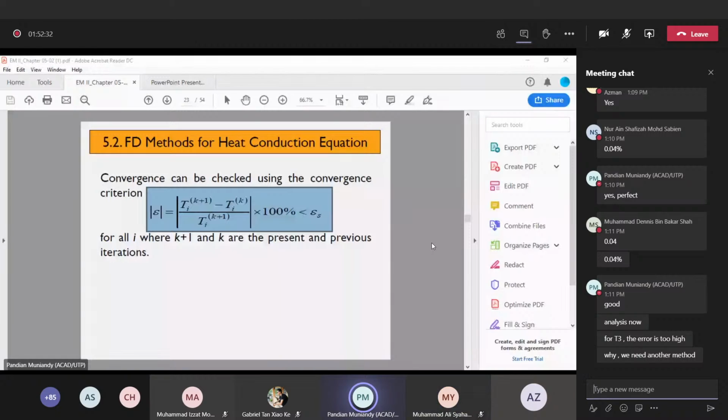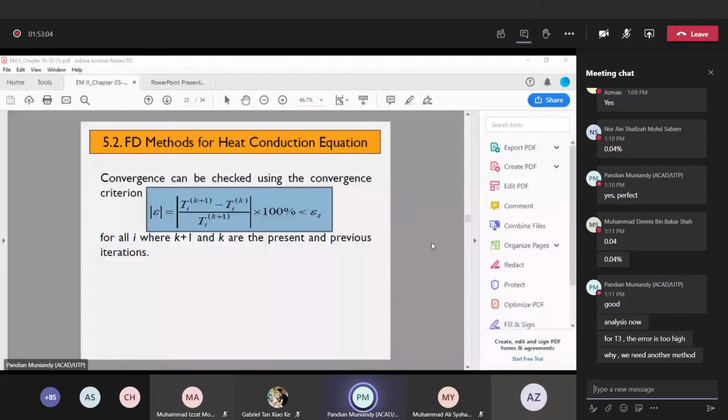The reason why we want to study the Crank-Nicholson method is that we hope we can minimize the error of T4. But it doesn't guarantee, because it's very hard to say whether the final output will be accurate to a very high percentage in terms of error.